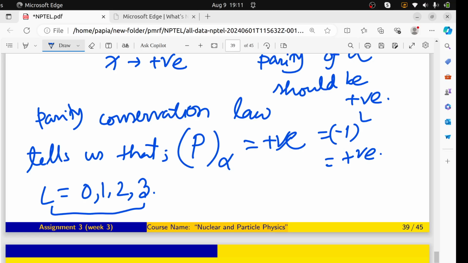But if I put minus 1 to the power 1, it will give us a negative value. But from the parity conservation law, P of alpha should be positive. So L can have the value 0 because minus 1 to the power 0 is positive. Minus 1 to the power 2 is also positive, but minus 1 to the power 3 gives us negative. So L can have the value 0 and 2.